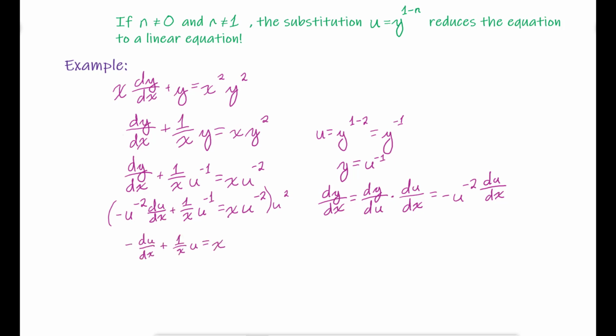And I get negative du/dx plus 1 over x times u equals x. Now, to set this up in the linear form that I'm used to seeing, I'm going to multiply everything by negative 1 to arrive at du/dx minus 1 over x times u equals negative x.